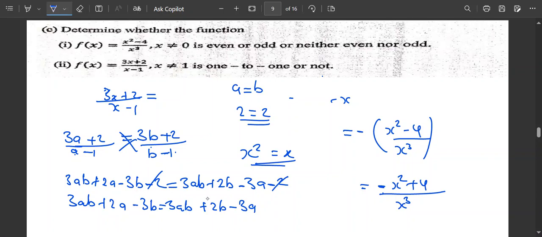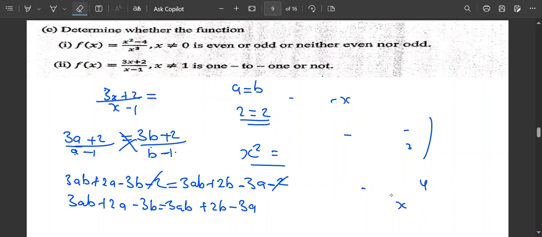I've run out of space, so let me move to this side. We are simplifying this one.